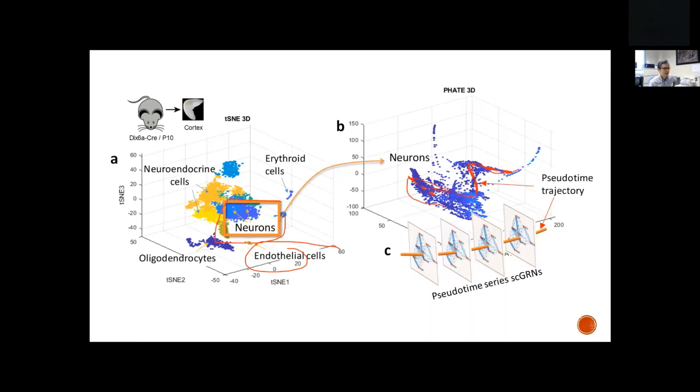Then sample cells: this cell group creates this network, and then you move on to another sliding window and create this network. So this is just one example: use an animal, extract cells, sequence them, do dimension reduction to visualize cell relationships, extract cell types, do the trajectory analysis, and do the network theory.